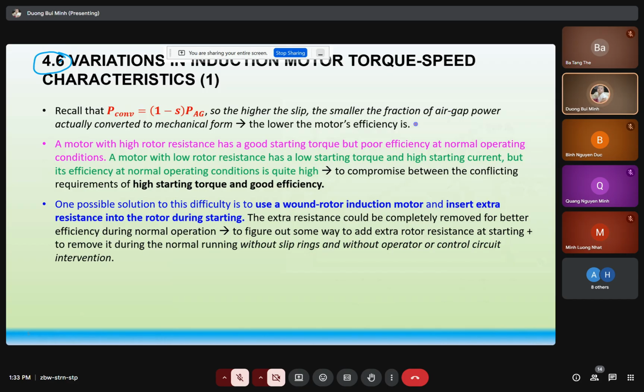So we have the important formulas right here. When we calculate converted power, this is (1 minus S) times P_AG, and of course S is slip. P_AG means air gap power.